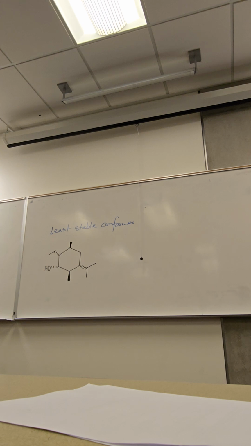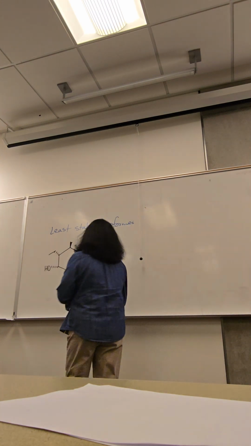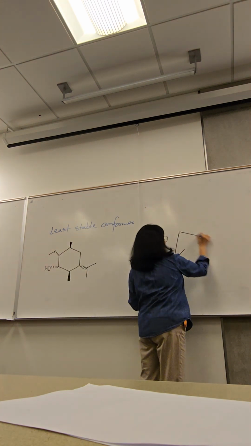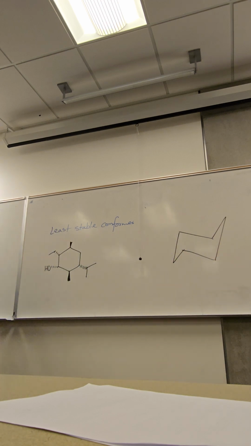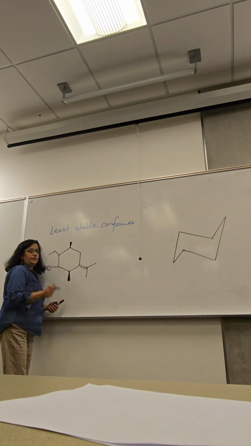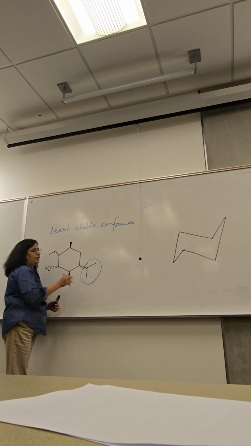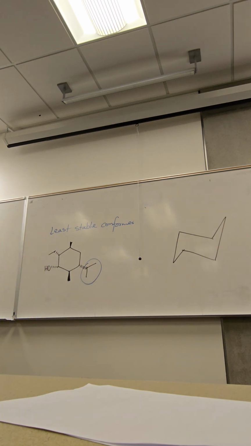So which group will you start with? The propyl group, because it's bigger, it has more carbons. It's about the surface area, size, right?